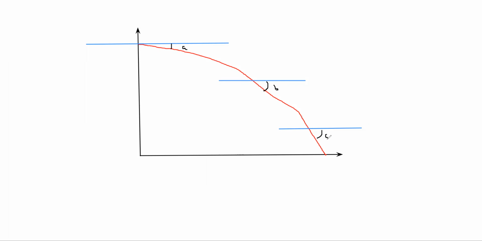Are the angles increasing or decreasing? What happened to the angles? Increasing. So if these angles are increasing, it means the slope is increasing. So basically the slope means the angle with the x-axis.